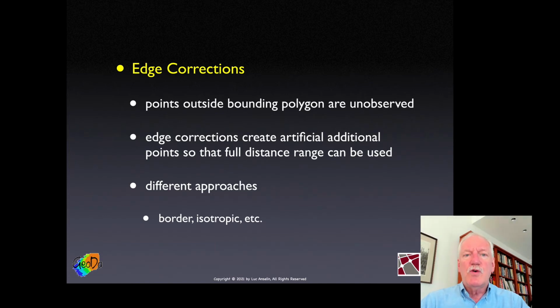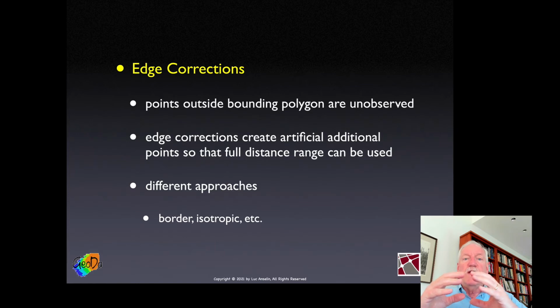So to correct for this, there are a number of different techniques, but they all boil down to the same thing, to basically mimicking what the point pattern might have been, since we don't observe it, outside the boundary. Now, in one case, it's the opposite. So the buffer measure actually creates a buffer at the edge and then only focuses on the points that are inside, so not in the buffer.